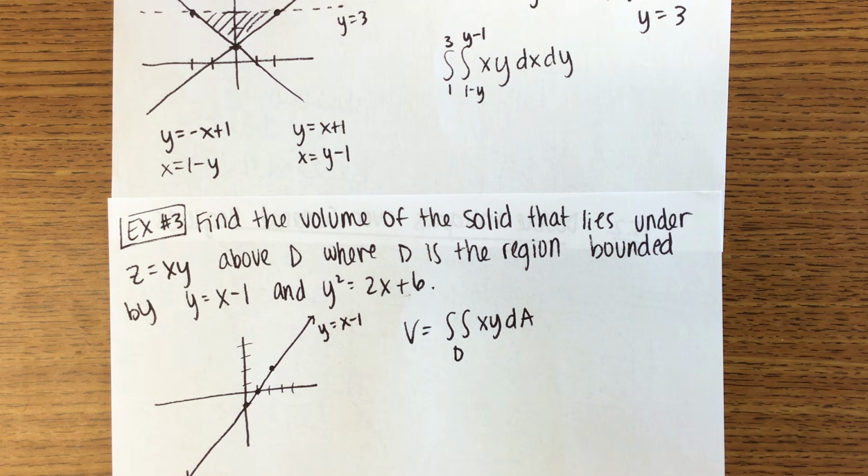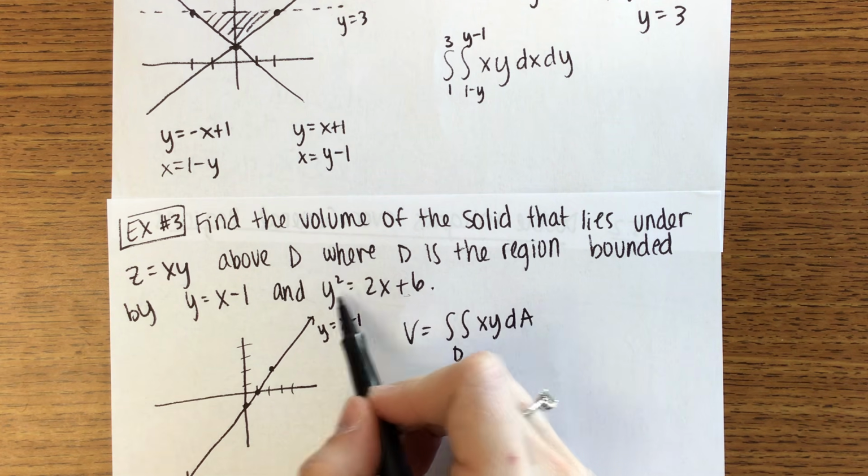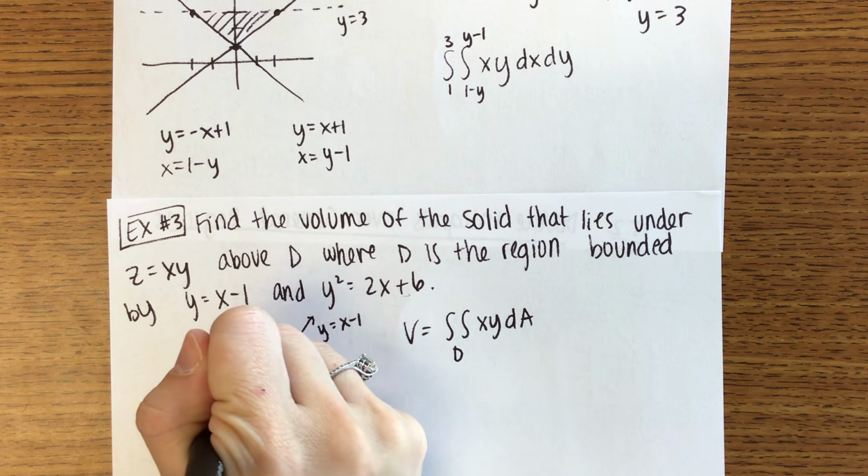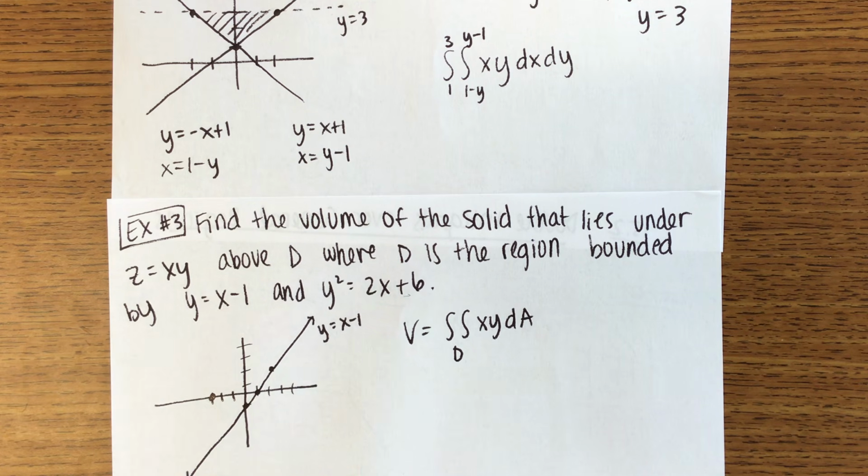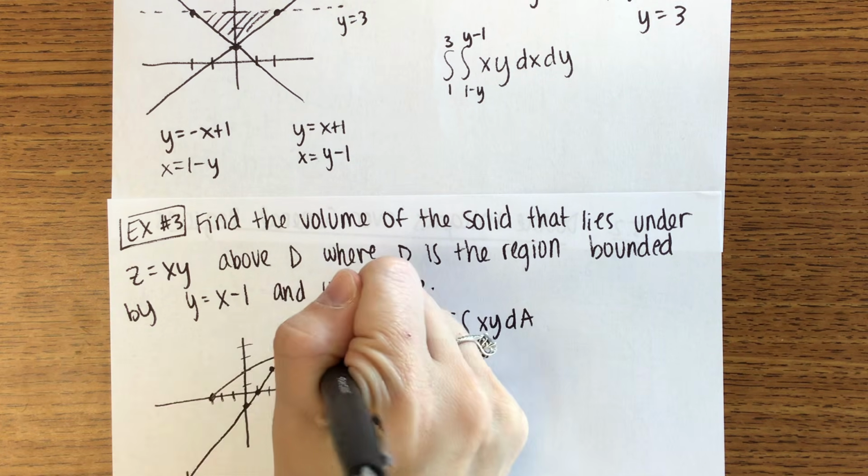Do we know what that looks like? What shape is it? Let's start with that. Parabola, opening sideways. If you plug in an x value of -3, you get y to be 0. So that's your vertex of your parabola. And then it'll open sideways.